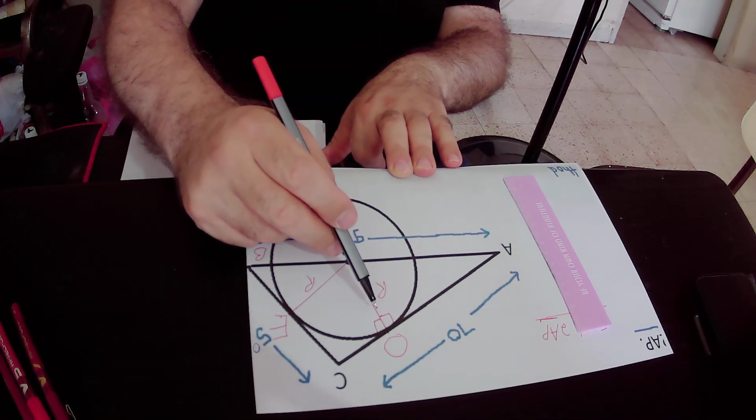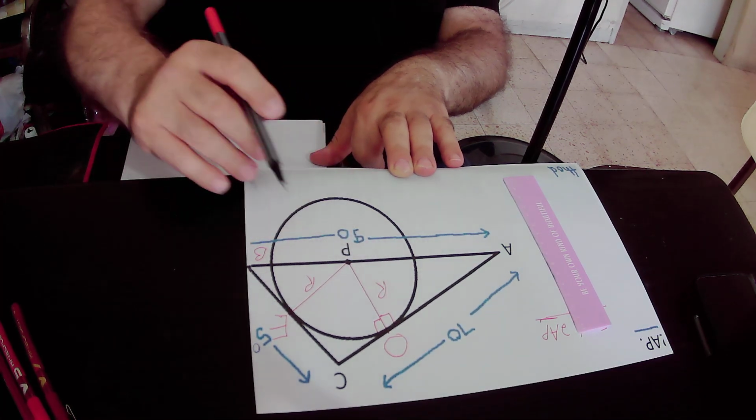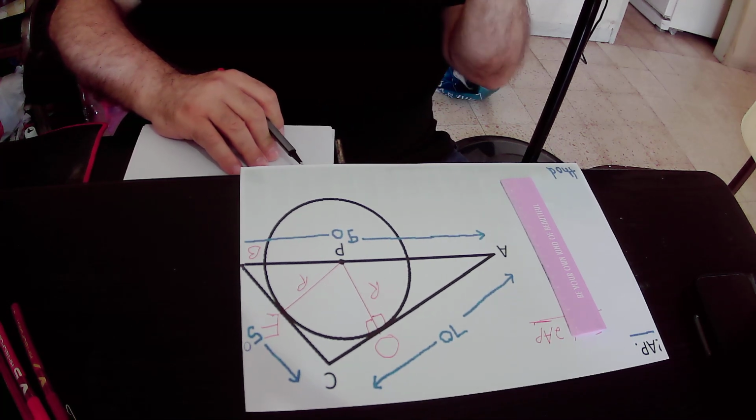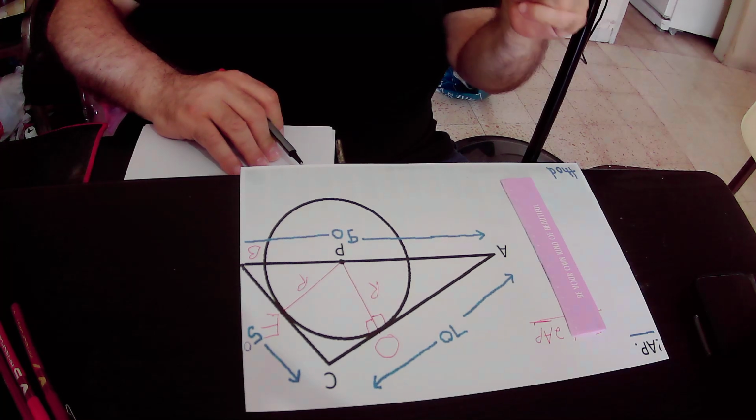For that reason, this angle is 90 degrees and this angle is also 90 degrees. Again, I repeat, in any circle, the radius and the tangent to that radius are perpendicular to each other.